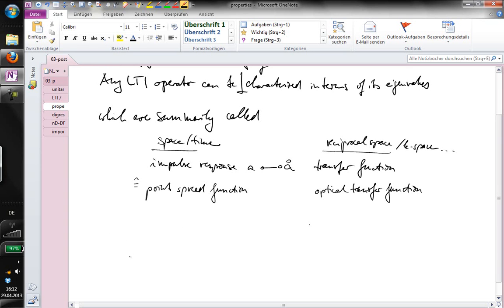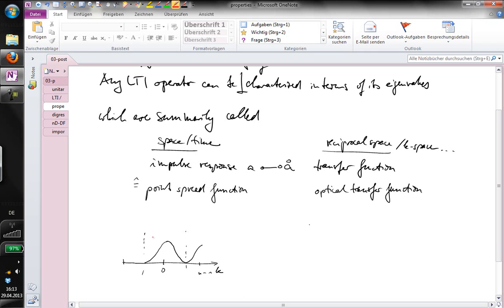So, for example, this one would be an operator which lets the low frequencies through and attenuates the high frequencies. So this would be a low-pass filter.